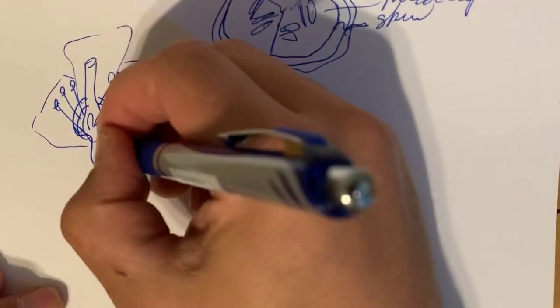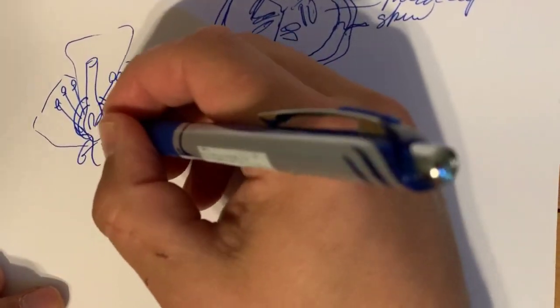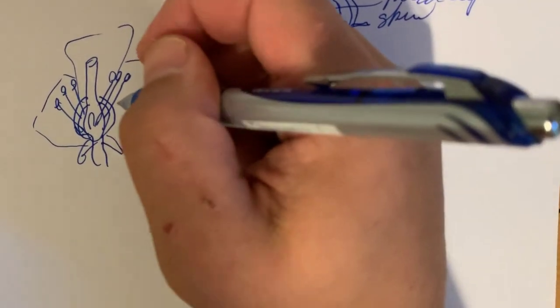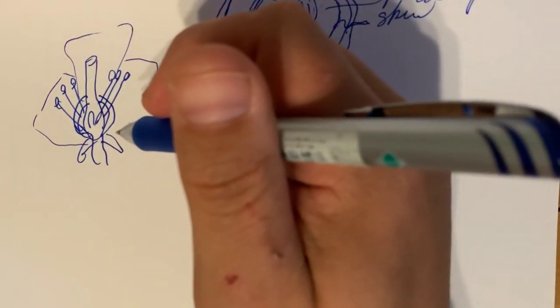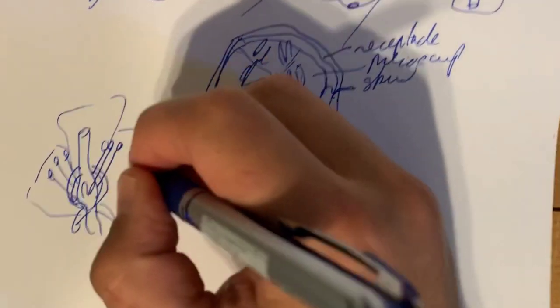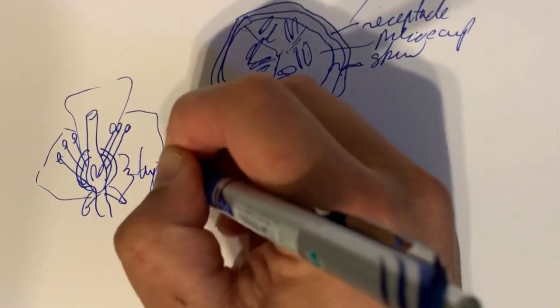Obviously, I'm not drawing everything. We've got sepals and petals and stamens. And this is all the hypanthium, okay? So this is the hypanthium.